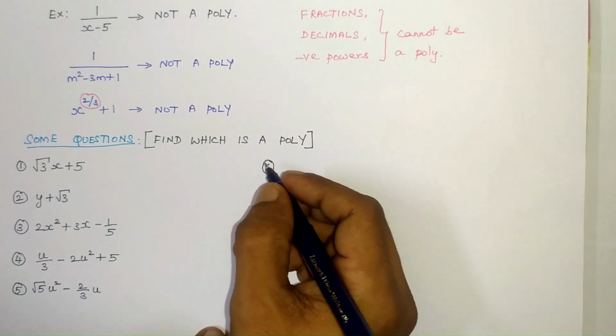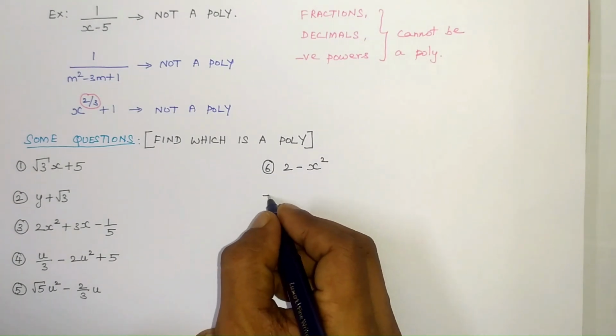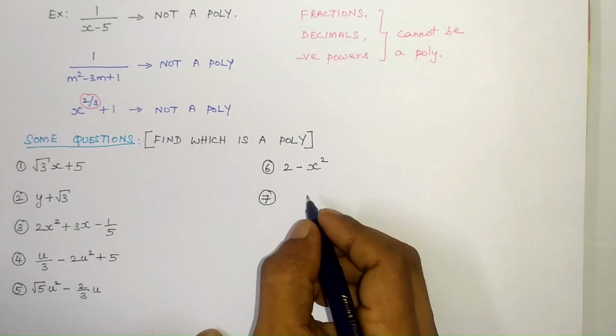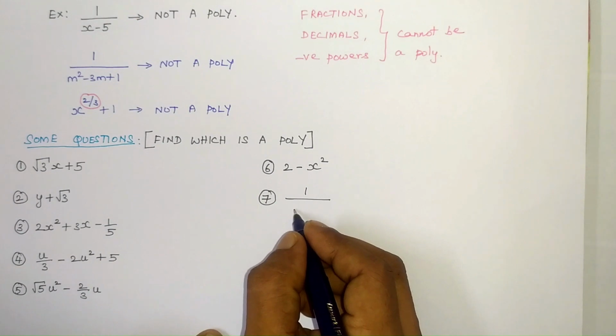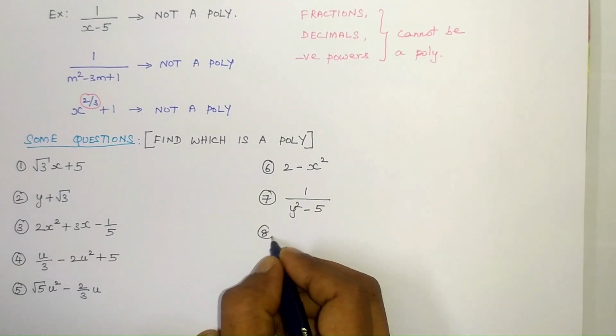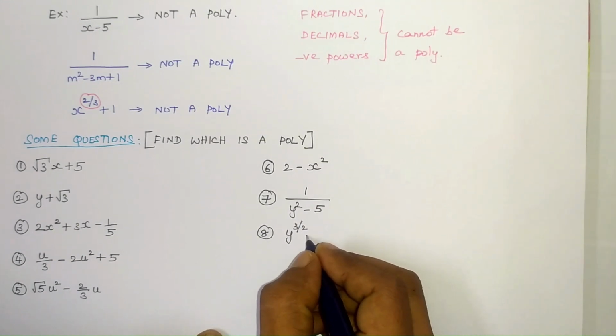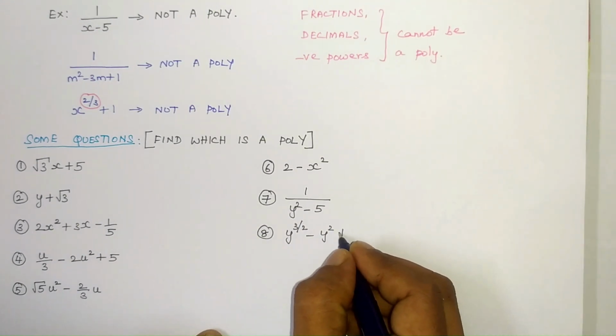Sixth one: 2 minus h square. Seventh one is 1 by y square minus 5. Eighth one is y power 3 by 2 minus y square plus 5.